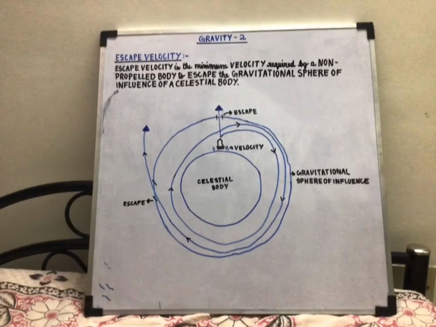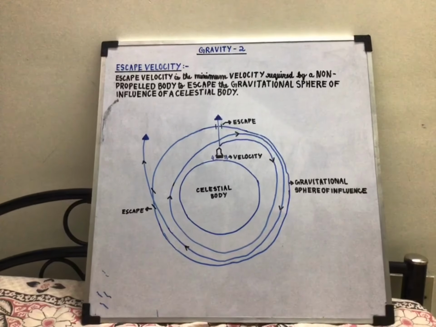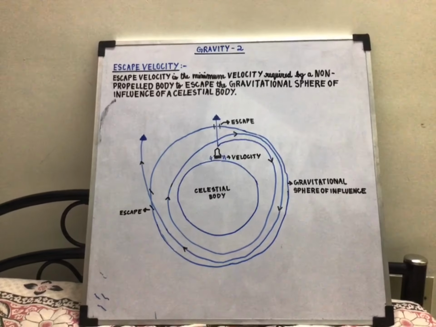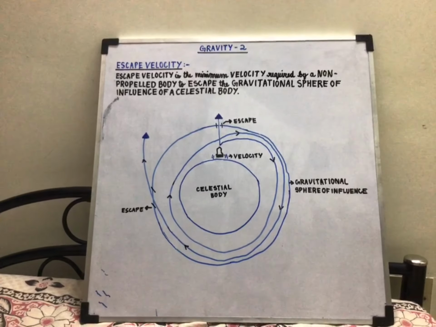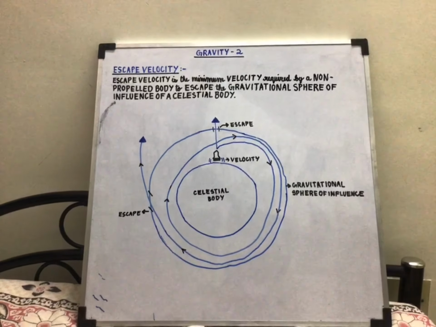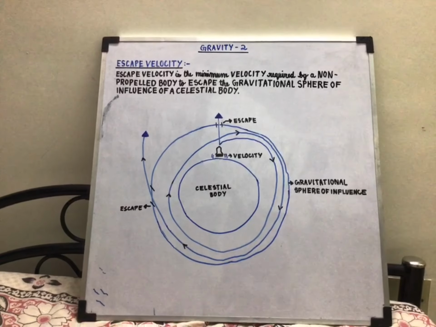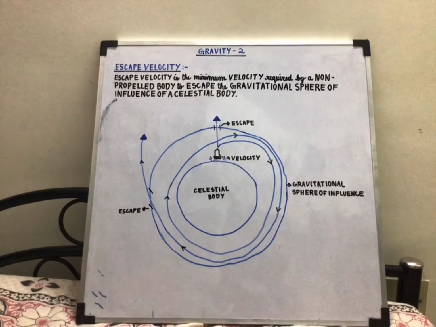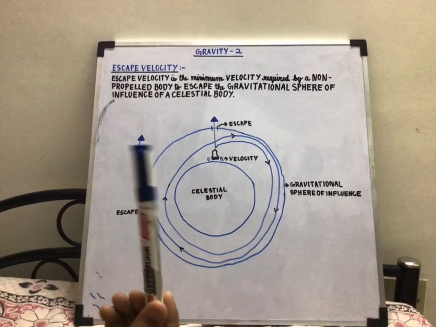So guys, first, what is escape velocity? What is the definition of escape velocity? What does it mean? The definition is given on the board, but I'll try to explain it to you in simple terms. Let's take this pen for example.